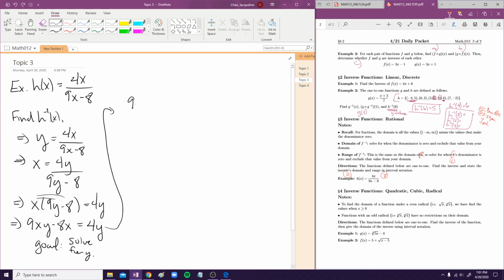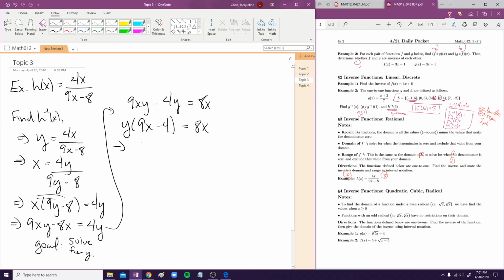And so then I'll get 9xy minus 4y is equal to positive 8x. Now that I have all the terms with y on one side, and the y is linear, I can just take out the y. And so I'm left with y times (9x minus 4) is equal to 8x.